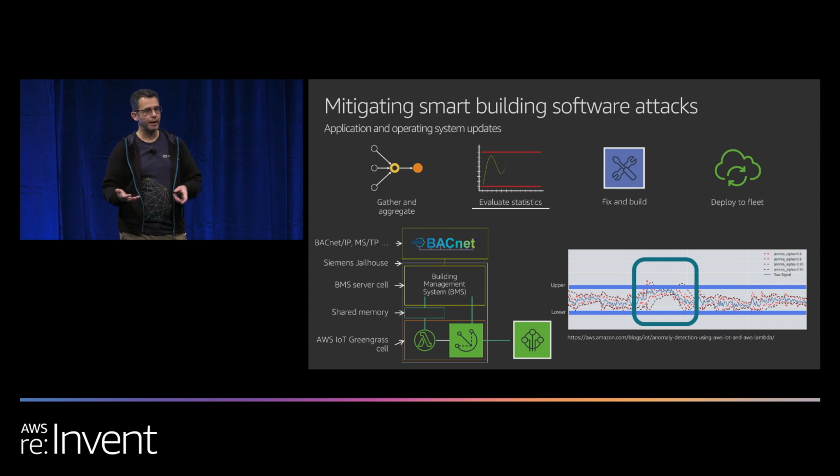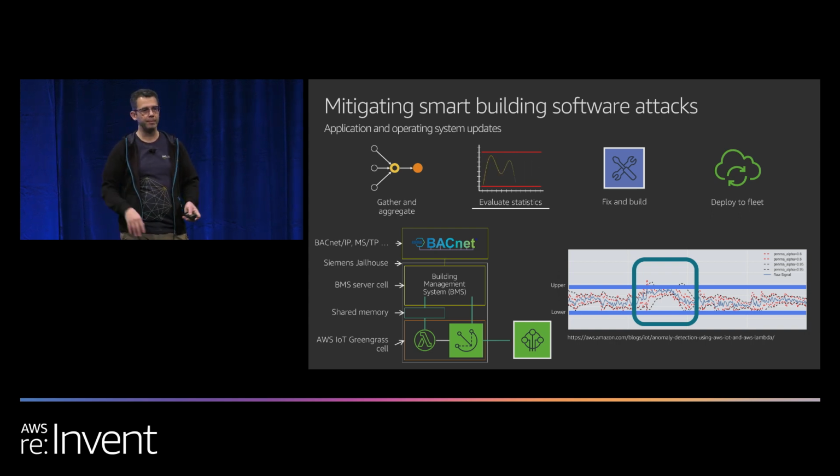And if they figure out that it's some kind of attack happening against those devices that could be a result of a CVE that they located, then they can go back to the OEM, grab the firmware, and then deploy that to those devices via the building management system.